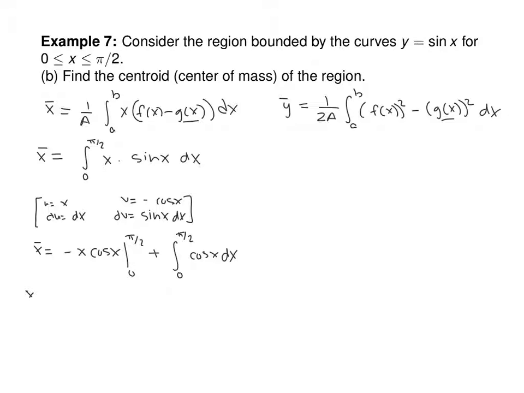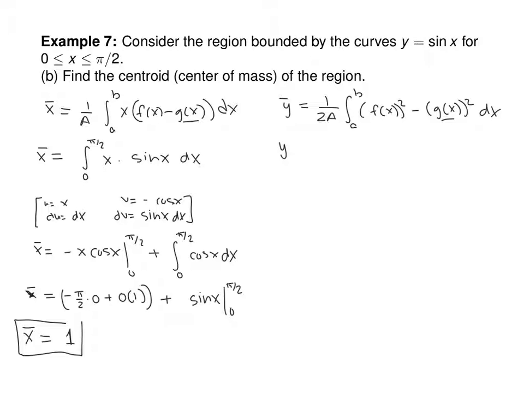All right, so x bar will equal, so plugging in pi over 2, we're going to get negative pi over 2 times 0 plus 0 times 1. So that first term actually is just 0. The antiderivative of cosine is sine. And so our x bar is going to be 1.